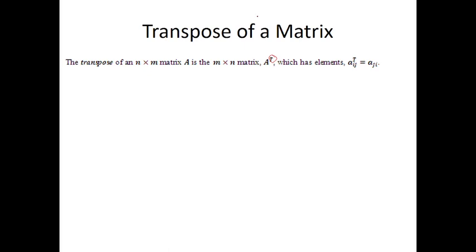In other words, the number of rows and the number of columns are interchanged. In this case, we have n rows and we have m columns. This is the original. It becomes now m rows and n columns.